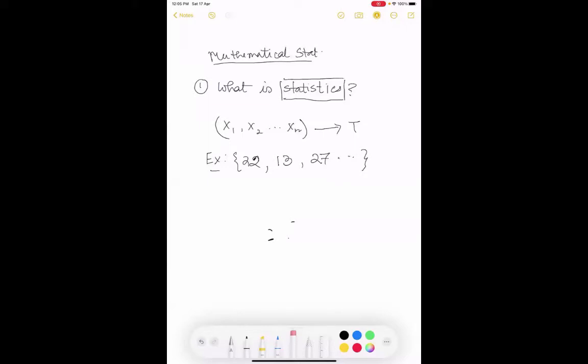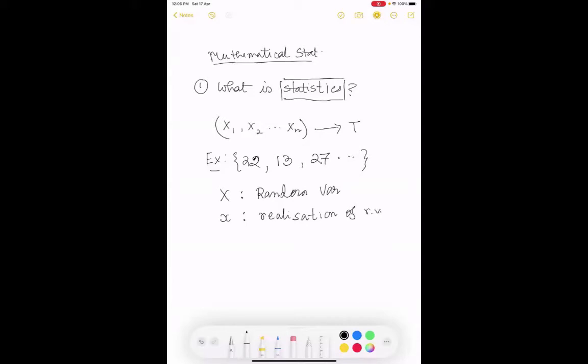That's why in statistics we use two notations. Capital X stands for denoting a random variable, and small x typically we use for realization of random variable.